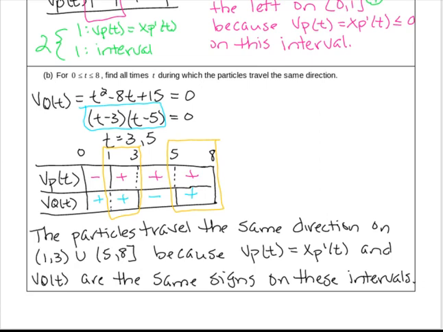In terms of points, this was worth 2 points. It was 1 point for both intervals, and then 1 point for the analysis.